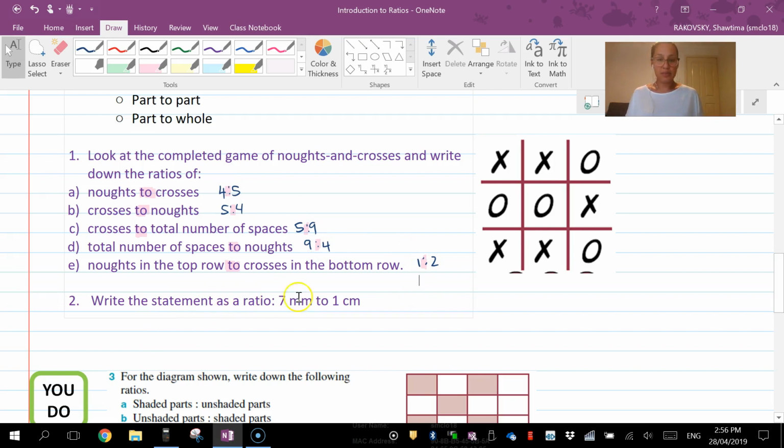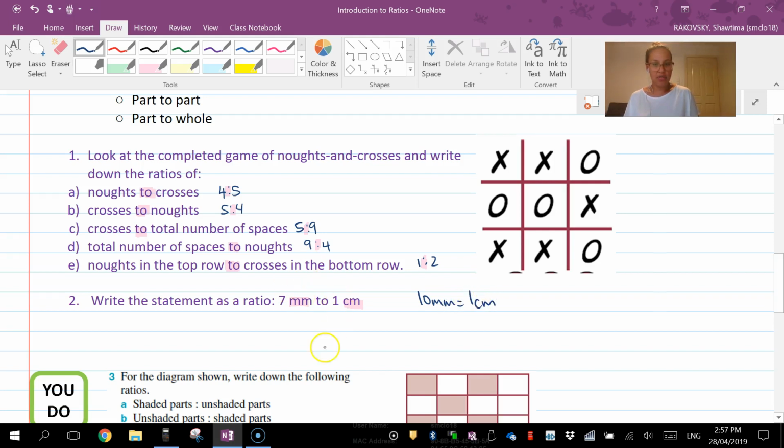Now I'm going to write this one here as a statement of 7 millimeters to 1 centimeter. The trick here is, remember, a ratio is a representation of a relationship of values of the same kind. So in order for it to be the same kind, we need to do some sort of conversion, because millimeters are not the same as centimeters. There are 10 millimeters in 1 centimeter.